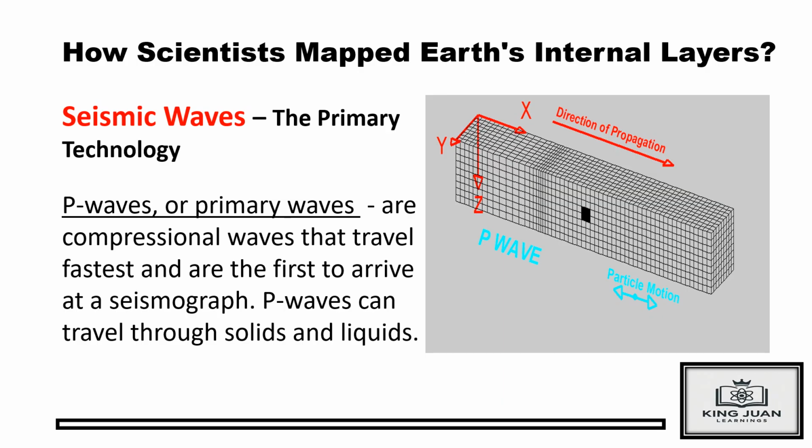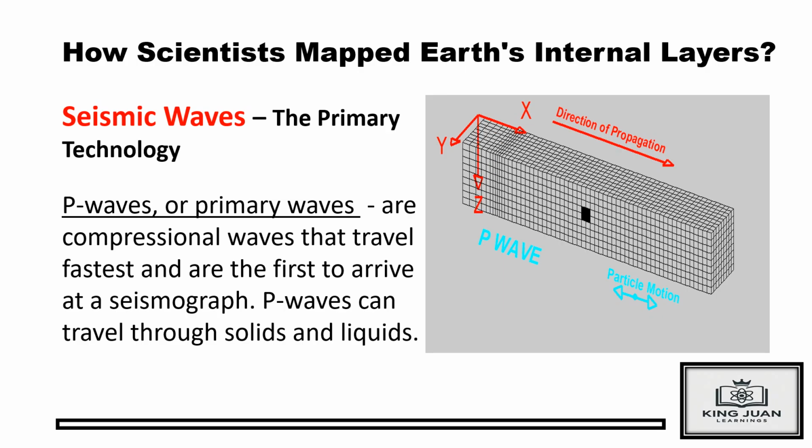And this leads us to the different technologies that scientists make use of to give us full details of the Earth's interior. The primary technology, the first one, is seismic waves. Our most powerful technology in discovering the Earth's internal structure is the seismic waves produced during earthquakes.